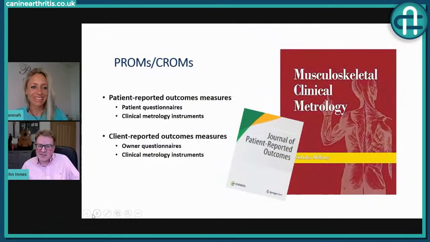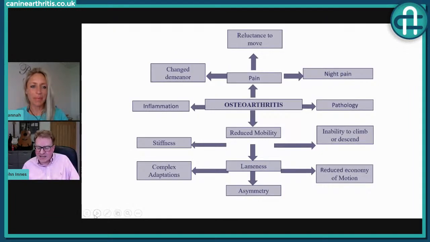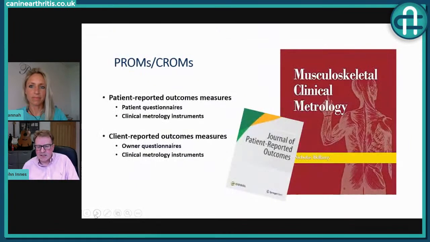Yeah, so that slide is trying to encompass what we might call the construct of osteoarthritis. And we're trying to capture as many dimensions of the disorder as we can. Now, this is a whole science in itself, so we can go on to the next slide. This is the area of patient-reported outcomes measures, which is human healthcare's version.